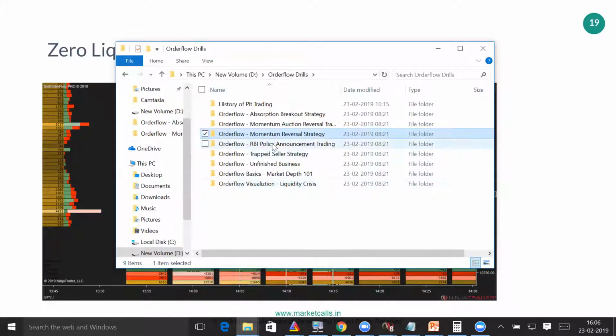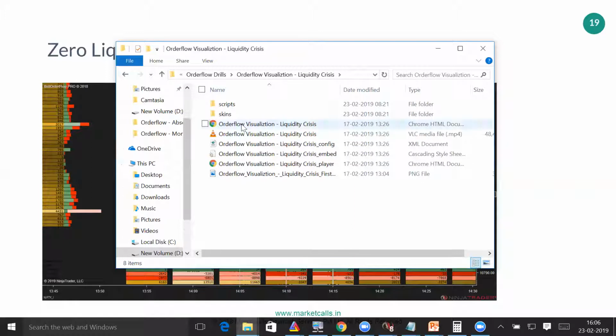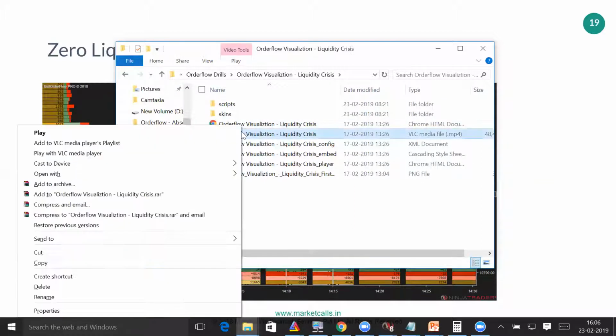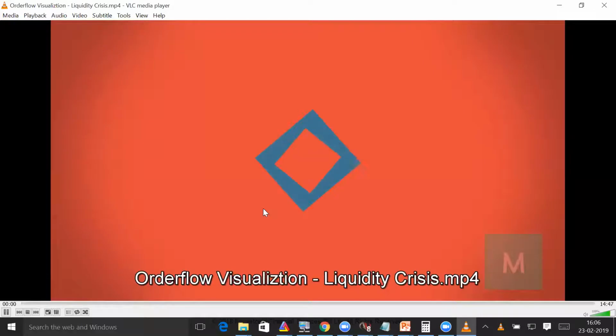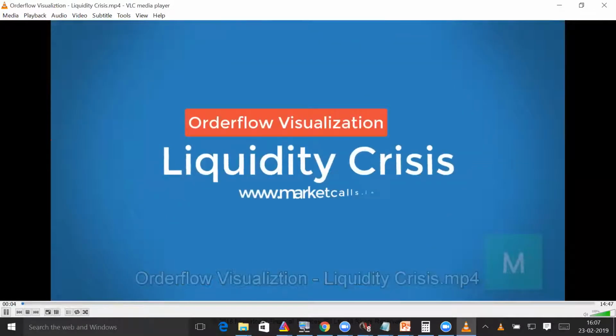Here is the order flow visualization of a liquidity crisis, where price went down with very low volumes, initially with big volume, but as the price kept going down further, very low volumes, hardly 200 lots or 100 lots, created a 15% crash. This is the visualization of the Dr. Reddy 30% crash.